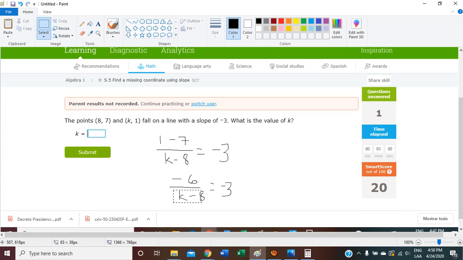I need to send this whole expression, right? It is dividing. I send it by multiplying, and then I put parentheses to express multiplication, and I don't need this line anymore. So negative 6 equals negative 3 times k minus 8.